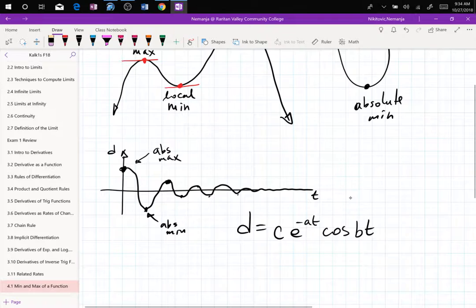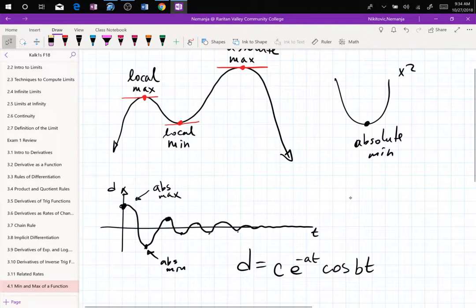So this is the story of min and max. Very simple, right? You understand already the concept that you do have min and max of a function. You also now understand that there are different kinds of min and max values, absolute, or global, and then relative and local, or local, whatever words you want to use for that.